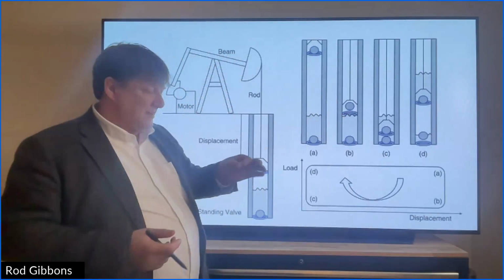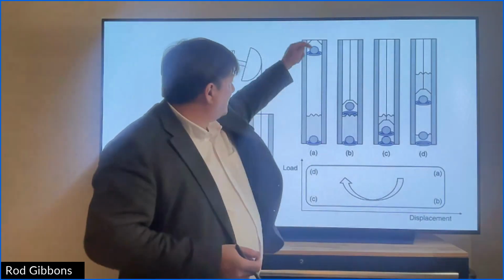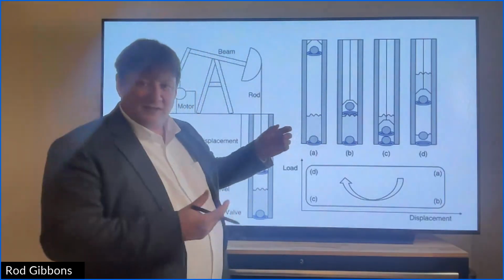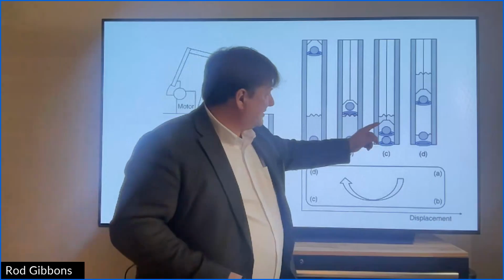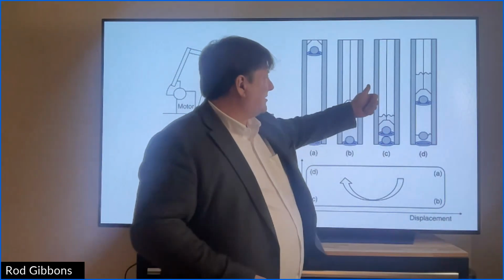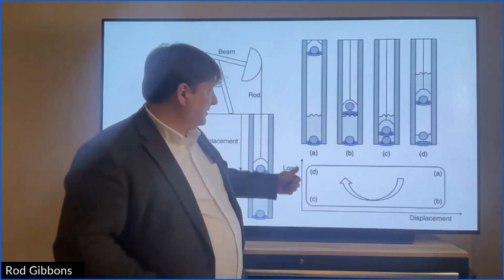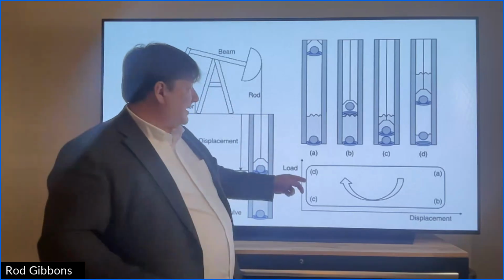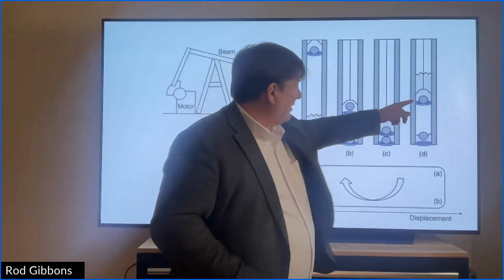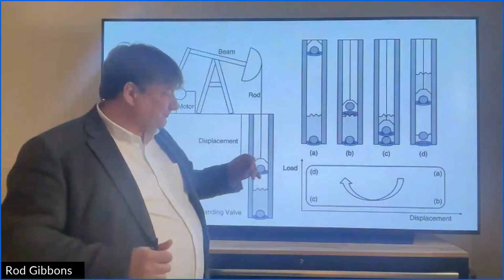The seat is the round thing that the ball sits on. As it's moving down, it's floating, and the standing valve is staying in place. Then when it's down at the bottom of its stroke, it starts to come back up the other way, and it picks up the load of the fluid. Then the traveling valve seats, and the standing valve is now floating.